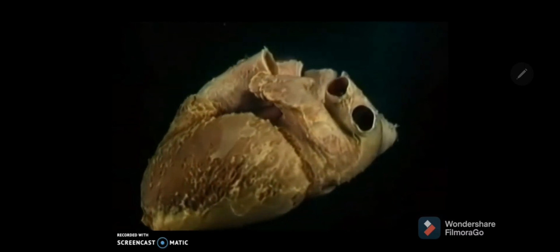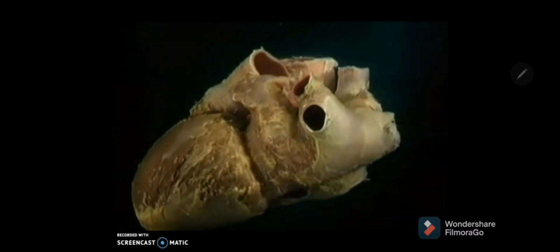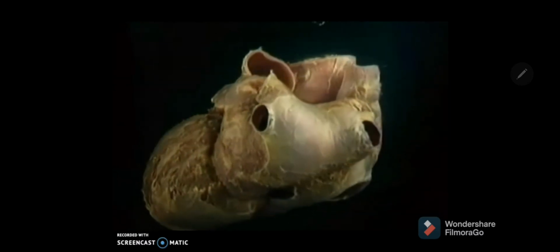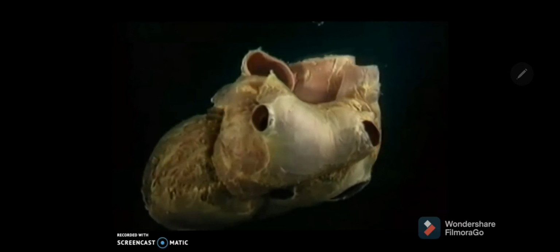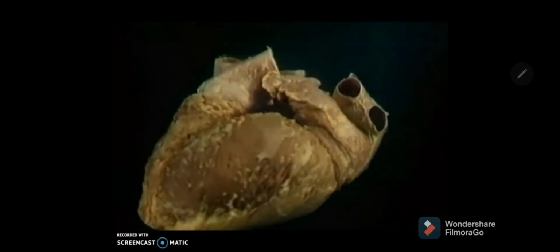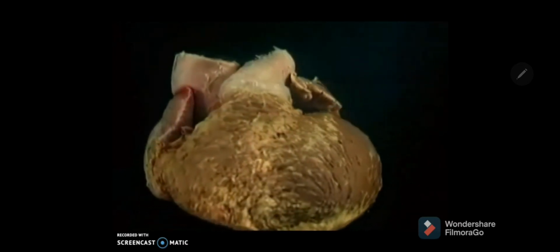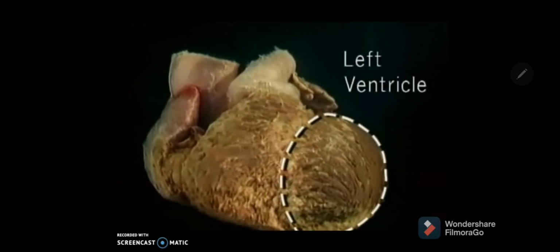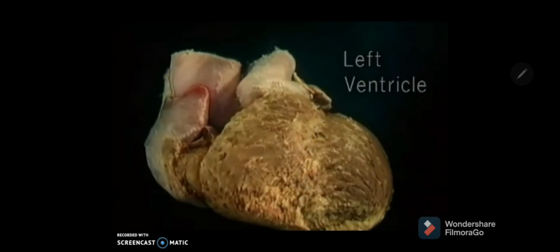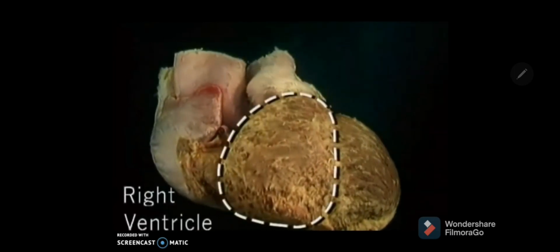Atria are located posteriorly and superiorly, and they are thin. Ventricles are located anteriorly and inferiorly, and they are muscular. Ventricles are thick compared to the atria. Here you can notice the left ventricle. In the sternocostal view, you are seeing the left ventricle, which forms the apex.